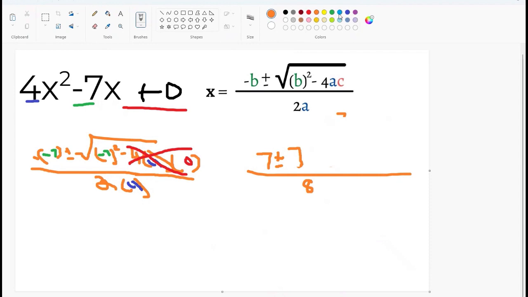So now let's get our answer. X is equal to 7 plus 7 over 8, and 7 minus 7 over 8.